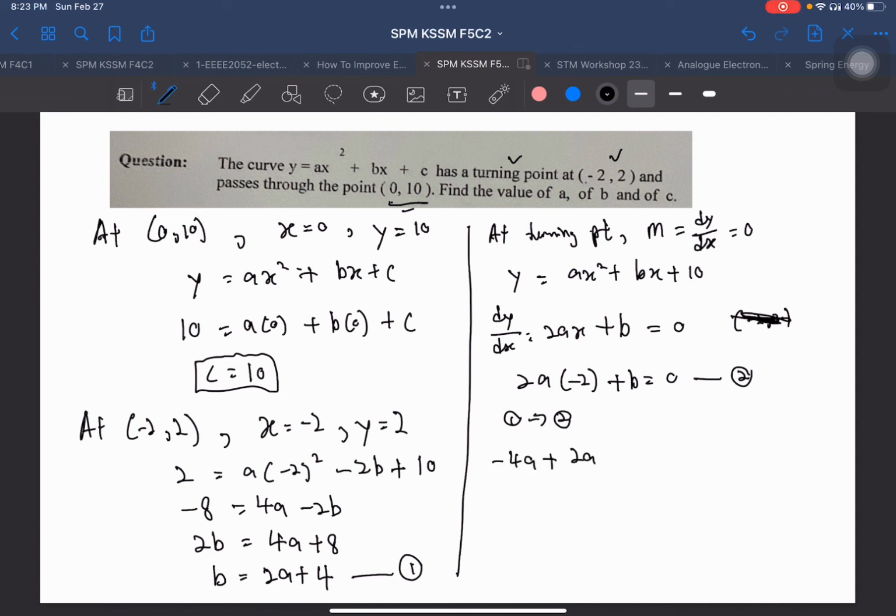Easy, right? Simplify, and you get a is 2. Just plug it back into the first equation, and b is 8.